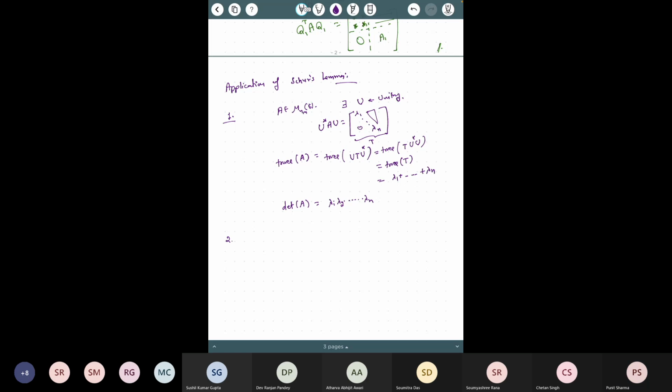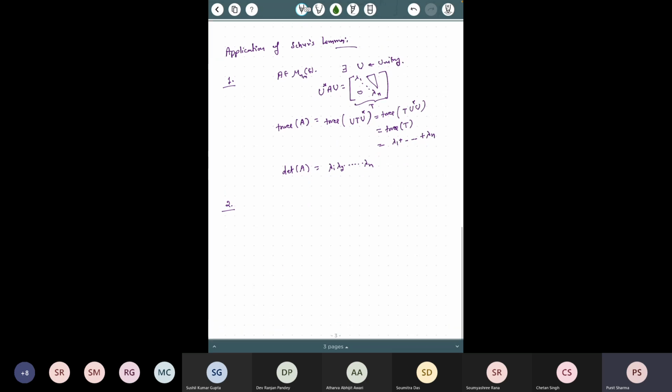The second application is in proving the Cayley-Hamilton theorem. You all know what the Cayley-Hamilton theorem is. But before I prove it, I want to make an observation that I will need in the proof. Suppose we have two matrices, and the first matrix is a matrix R with a special form.